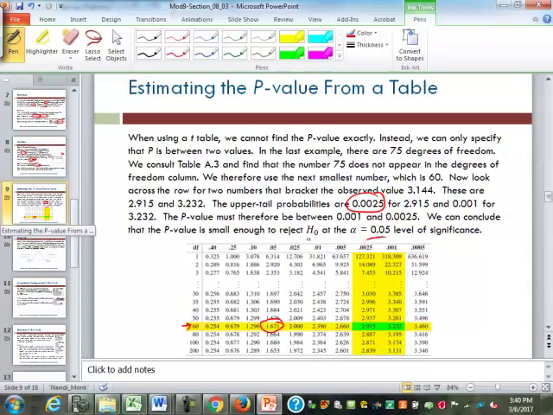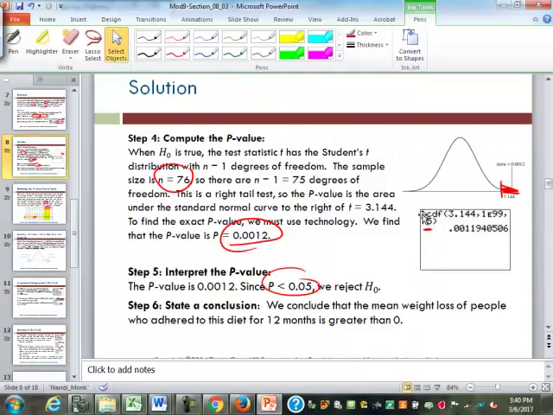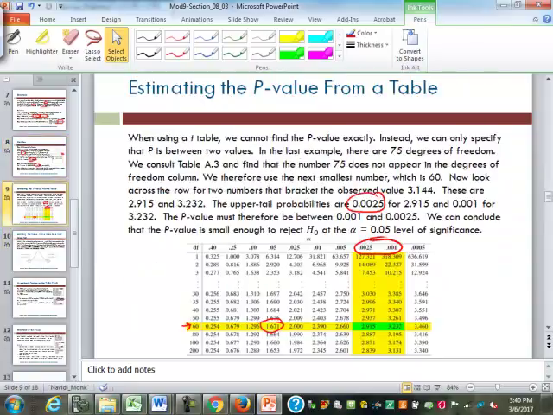Now, what we found: our test statistic was 3.144. Looking at this table, 3.144 at 60 degrees of freedom falls between these two numbers. So that tells us our p-value is between 0.0025 and 0.001. We can't get an exact value off the table for the p-value.